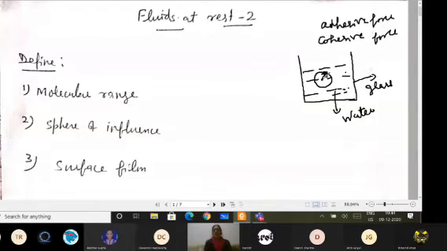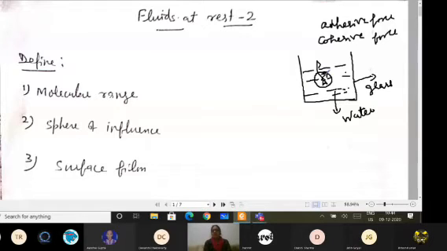Similarly, a molecule inside the liquid is able to apply its force of attraction up to a certain distance, that is its molecular range. As I can hold things up to my one hand distance, that is my range. If the thing goes beyond this, I will not be able to hold it. So this is the molecular range.